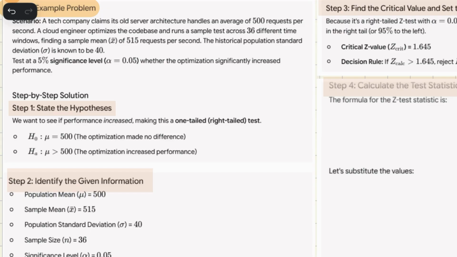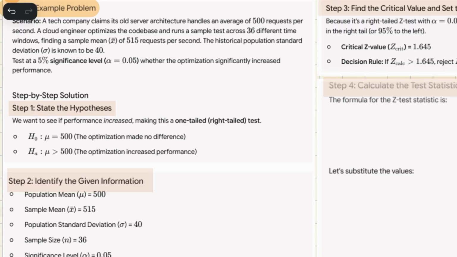In other words, the optimization has no difference. Now we have the alternative hypothesis, which will state that it increased, right? So that means mean is greater than 500, meaning performance increased, right? So we have the null hypothesis which states that there is no change, and the alternative hypothesis which means that there is an increase in the performance.